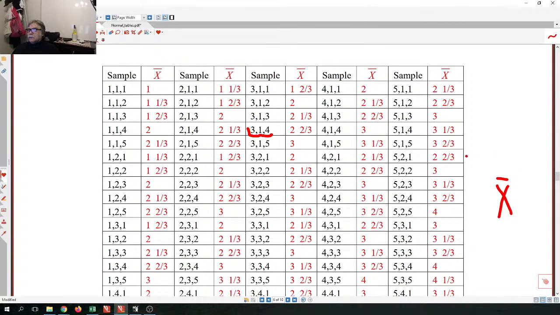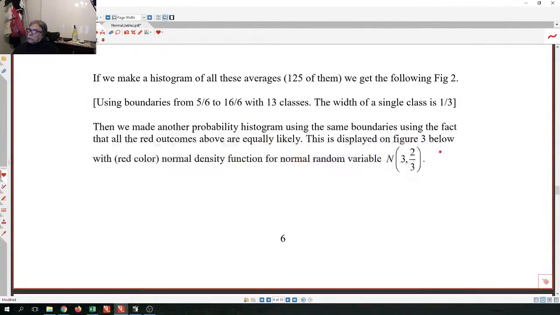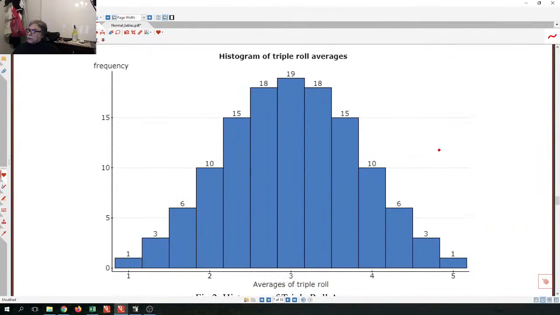That's it. Okay? So I counted all of this stuff, and this is what I got. I got 1 once only. Again, of all those rolls I can get 1 once. I can get 1 1/3 in 3 ways. I already told you there were 3 ways. I can get 1 2/3 in 6 different ways. I can get 2 in 10 different ways.